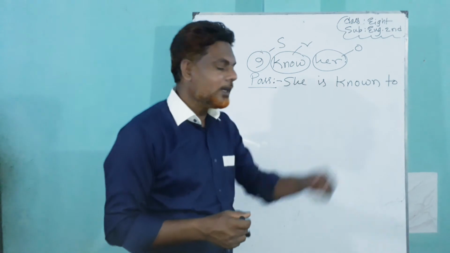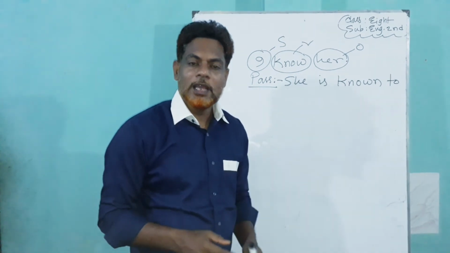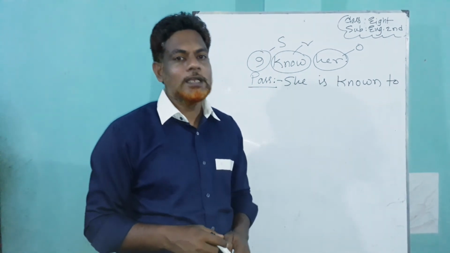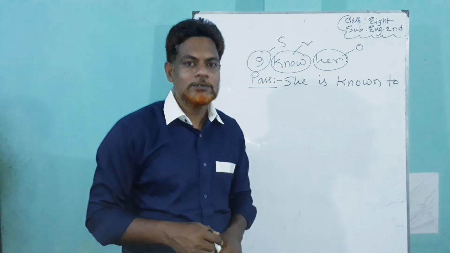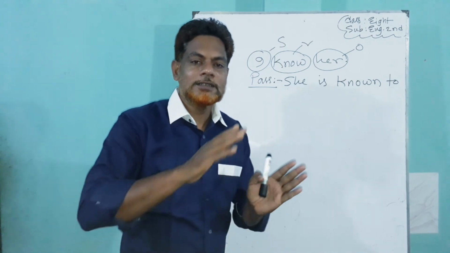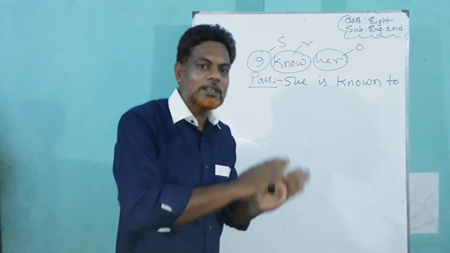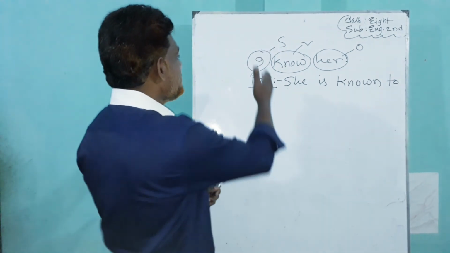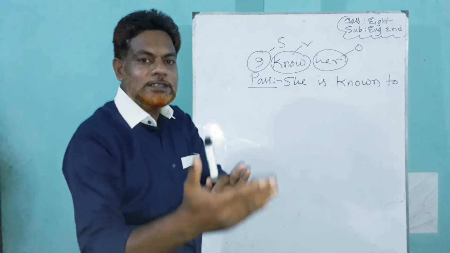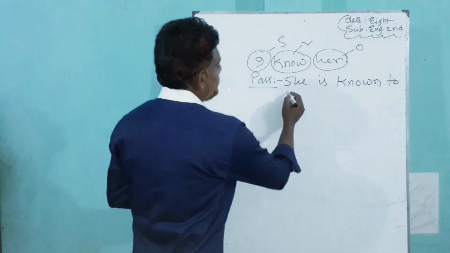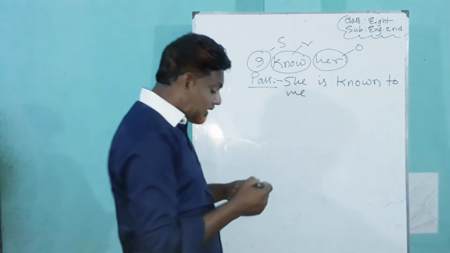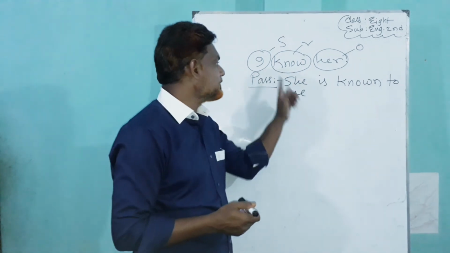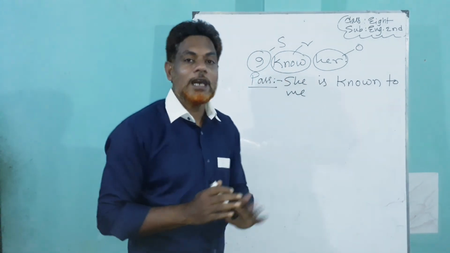For no verb I have used to, and last of all we have to write what? We have to write the subject of the active voice into the object of the passive voice. The subject is I, it will be changed into object. So we have to write here me, because me is the objective form of subject I.